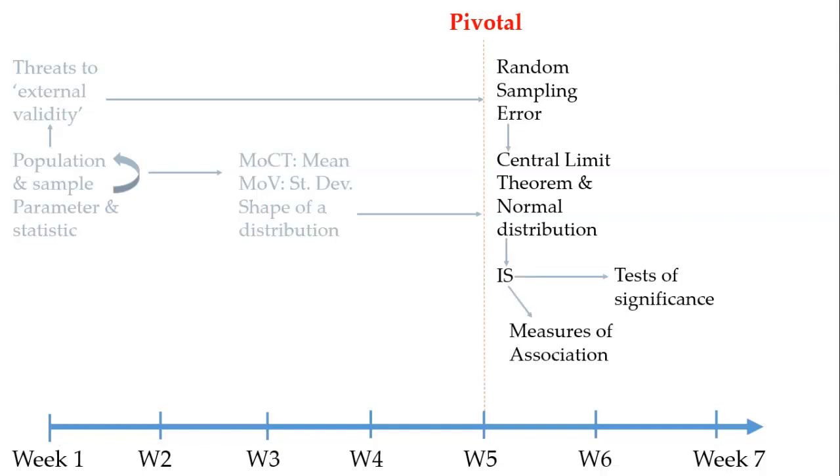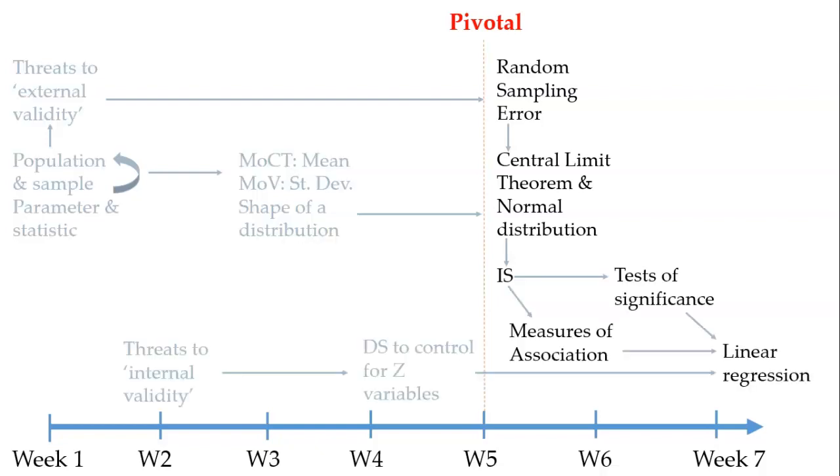So this class, we're going to learn how to use all that knowledge and apply it to something new, something that is called tests of significance and measures of association. And the final week, hopefully, that's my goal, but I will see if we feel comfortable with the knowledge that we are getting, to move to the final part of the course, that is linear regression.